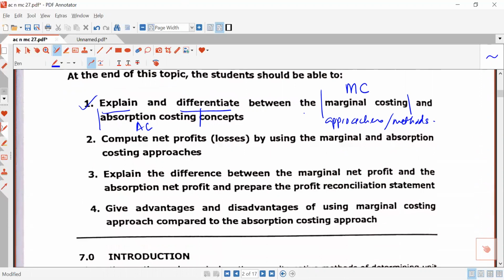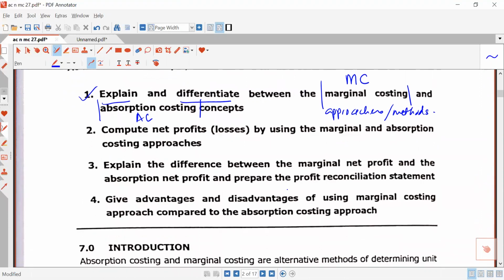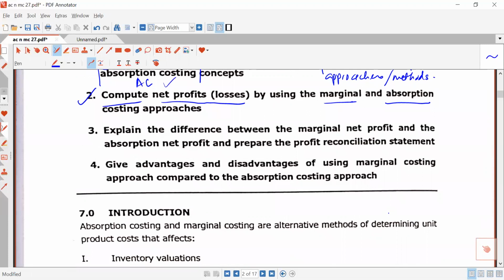Secondly, we're going to compute the net profit or loss by using the marginal and absorption costing approaches. When you prepare these two types of statement, there will be a difference, which is number 3.